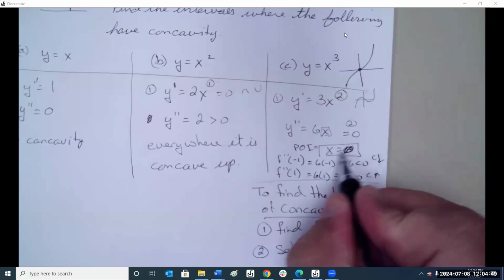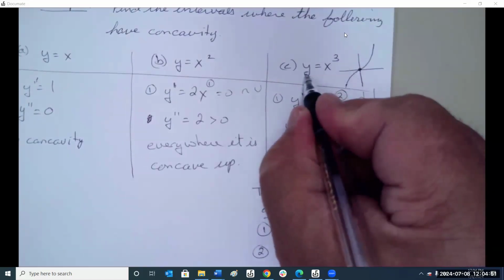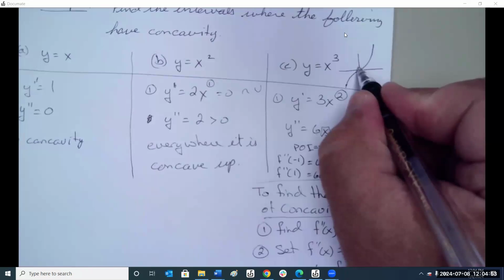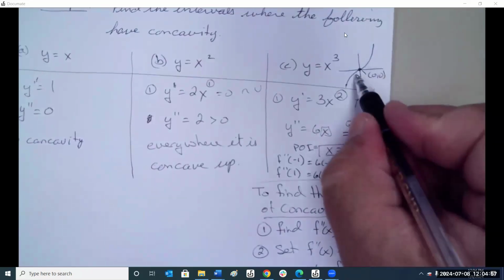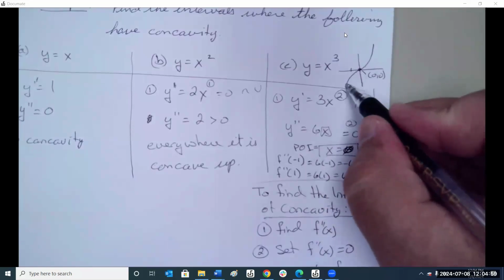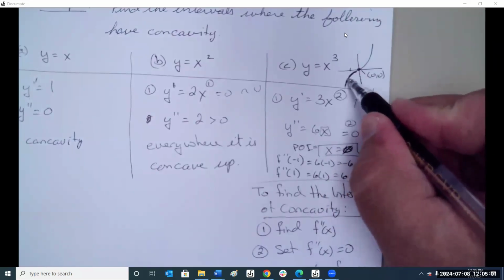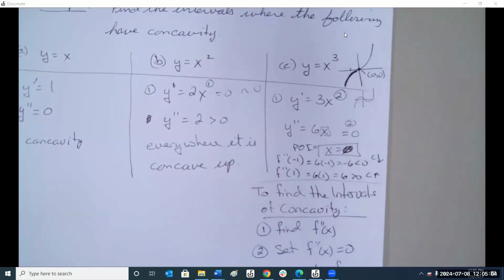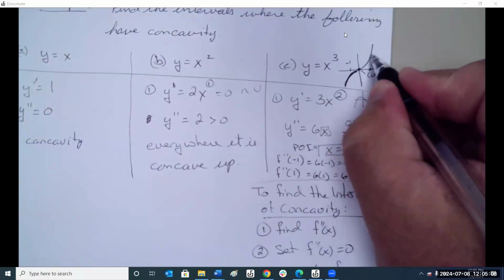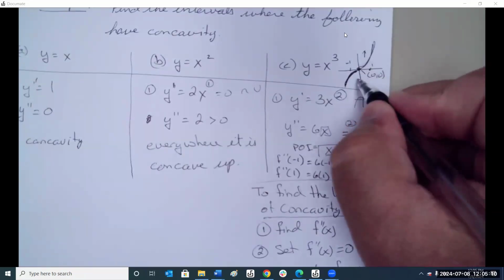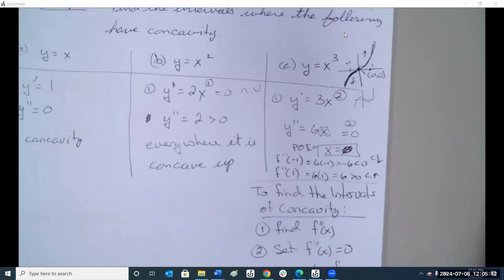Once I found the point of inflection, I plug it back into the original equation, and then I get the POI occurs at (0, 0). So to the left of it, I know everything is concave down. So this is curved this way at -1. At +1, I know it's concave up. So that's what the graph looks like.